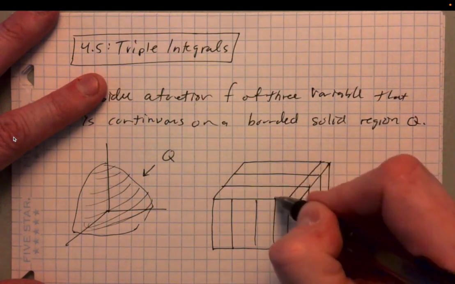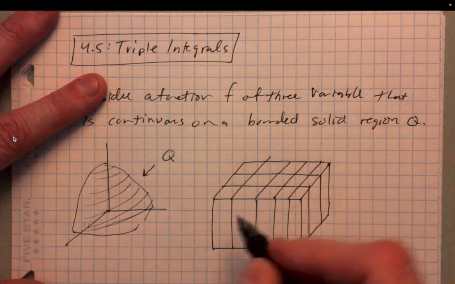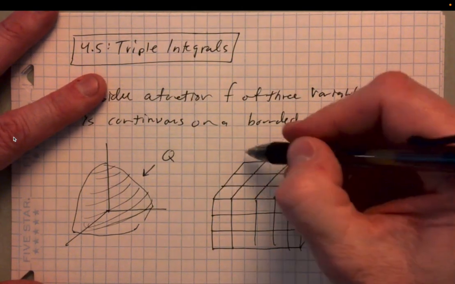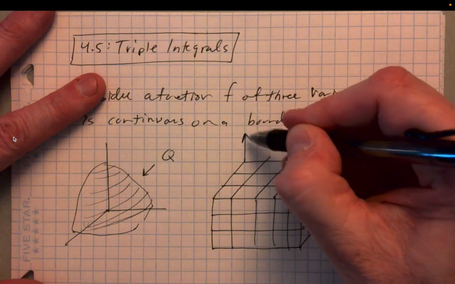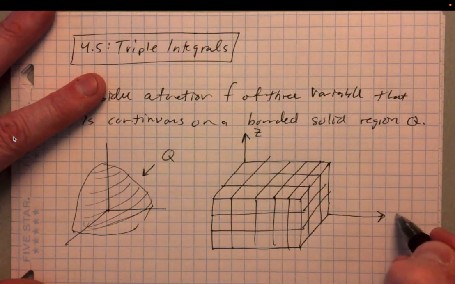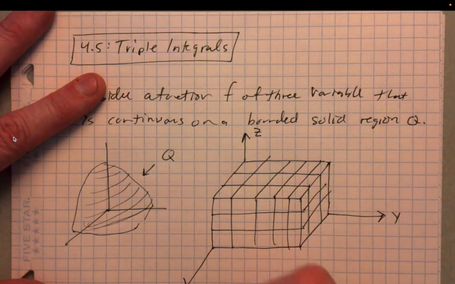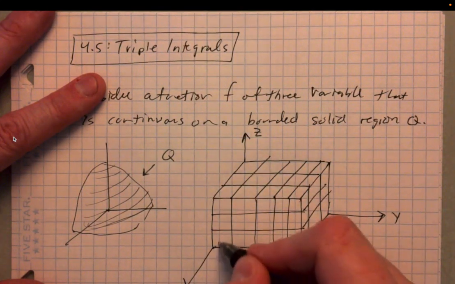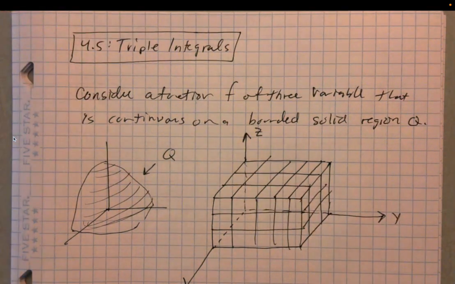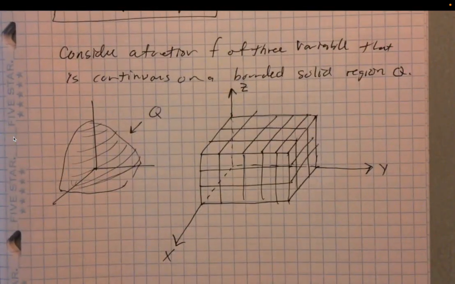It doesn't matter if it's drawn perfectly; we just need to be able to see the idea here. Let's say this resides in our XYZ coordinate system, and you can imagine these all come together here at the back. So this is our three-dimensional grid.